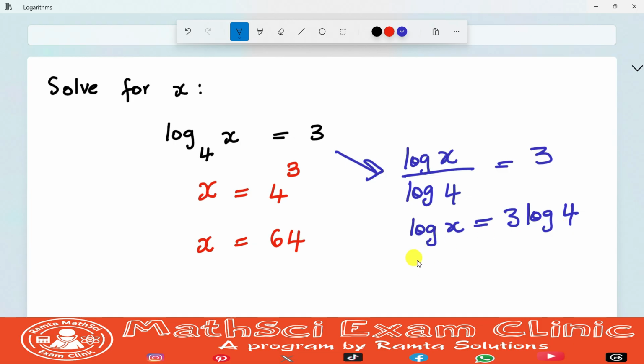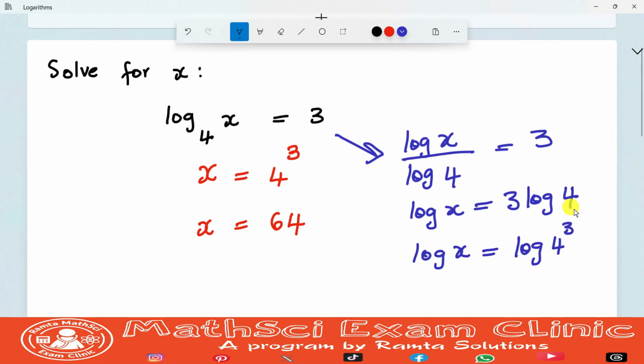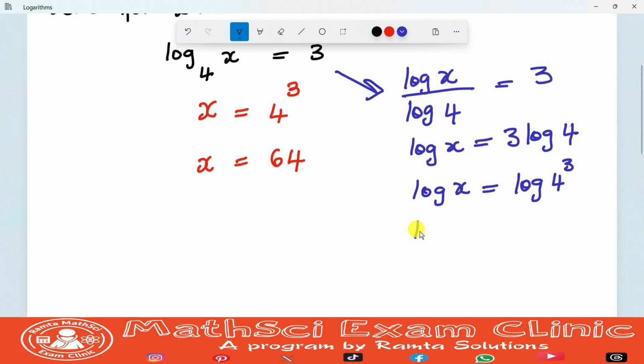Then log x equals log 4 to the power 3. Then you proceed. Log x equals log 64. Now you remove the logs, you will be left with x equals 64.